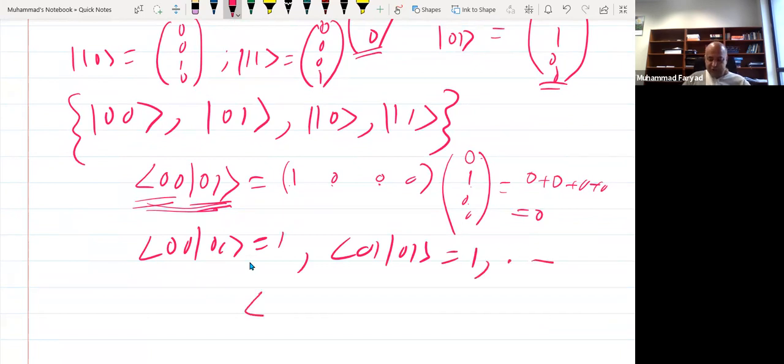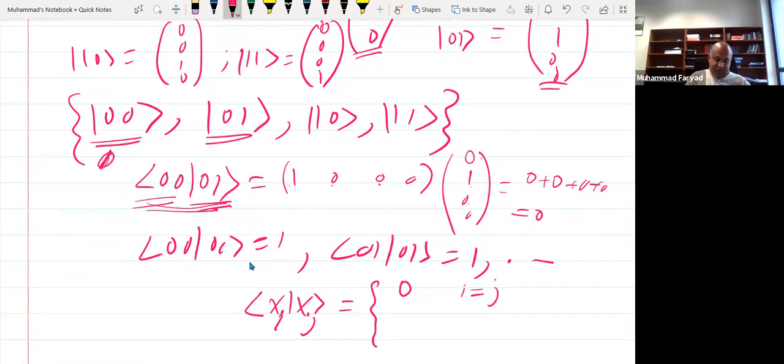So in general, we can easily see that the inner product of x sub i with x sub j is equal to 0 if i and j are different, where I'm labeling them as 0 state, 1 state, 2 state, and 3 state, just for indexing purposes.